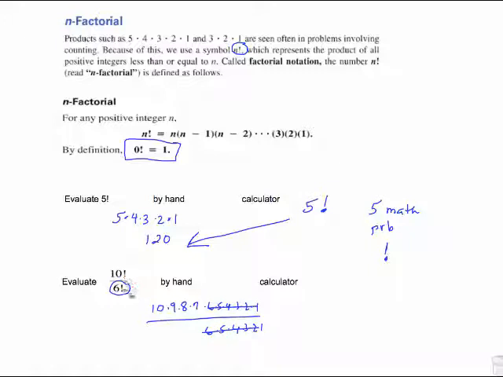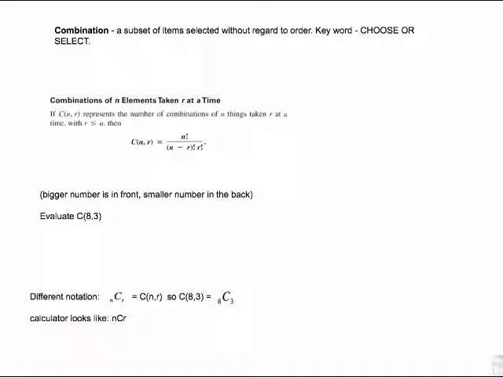So what you'd have to enter in the calculator is just 10 times 9 times 8 times 7, which is 5,040. But you can do this with the calculator. You can do 10 factorial, which is these steps right here. So you do 10 math, arrow over to PRB, choose the 4th thing down, which is the exclamation point, and then go immediately to division, 5 factorial, 5 math PRB factorial, and it's the 5,040.